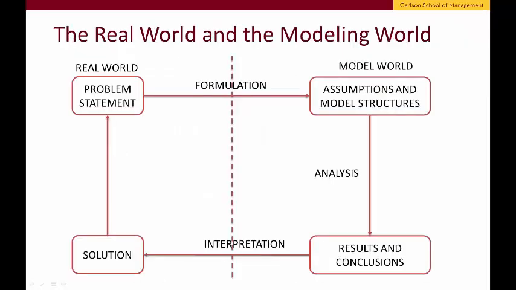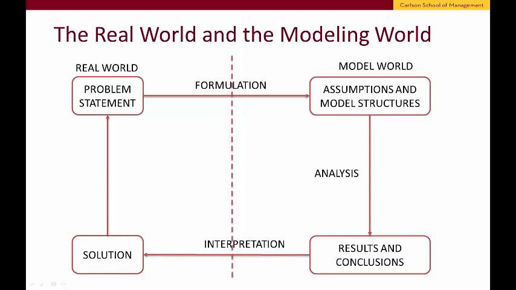We now shift our focus to the way we think of modeling in the context of problem solving. This slide represents the flow of the modeling process as a cycle, repeatedly going back and forth across the invisible dashed line that divides the real and modeling worlds. After we establish the working problem statement, the next step is to cross into the modeling world and start formulating the initial model.